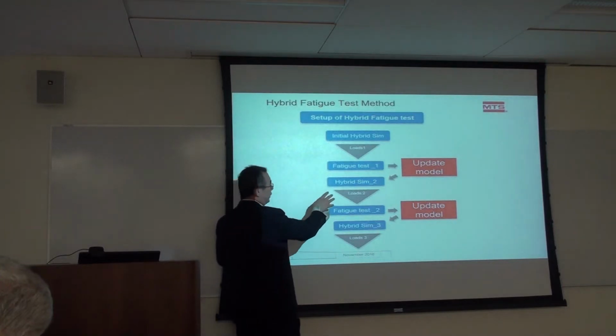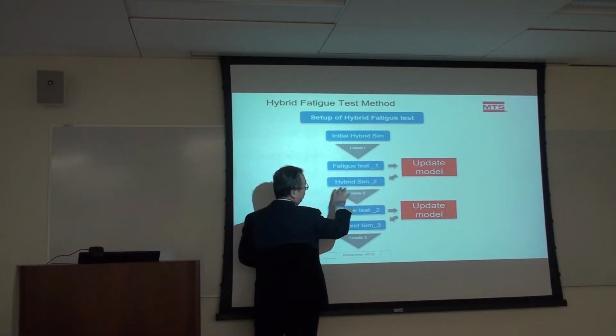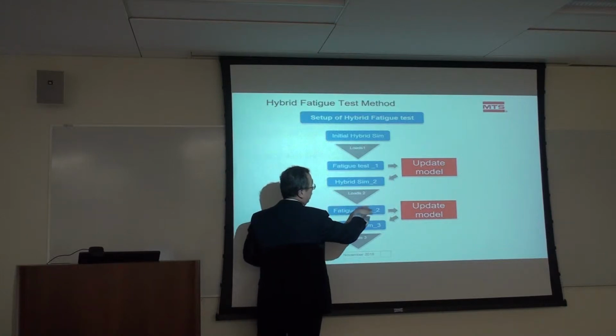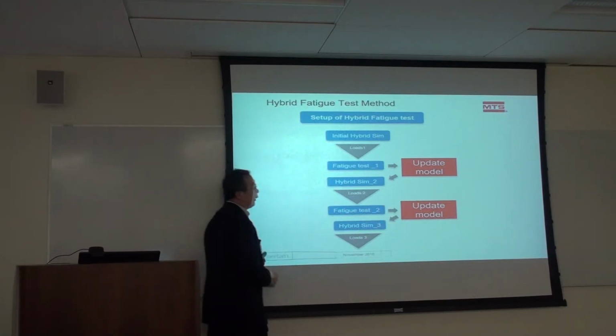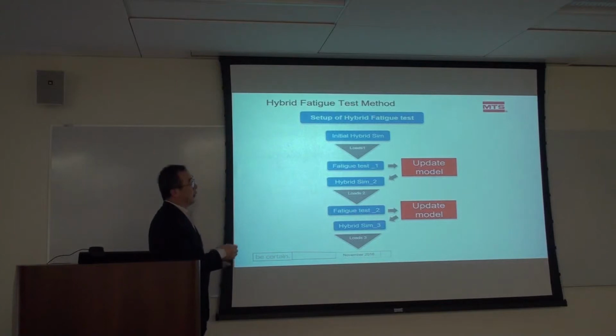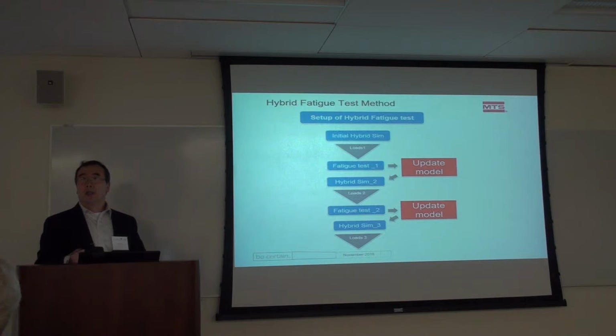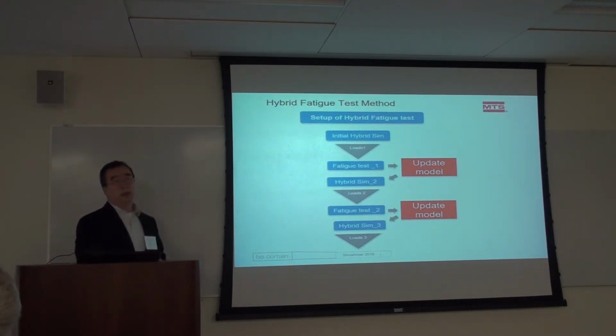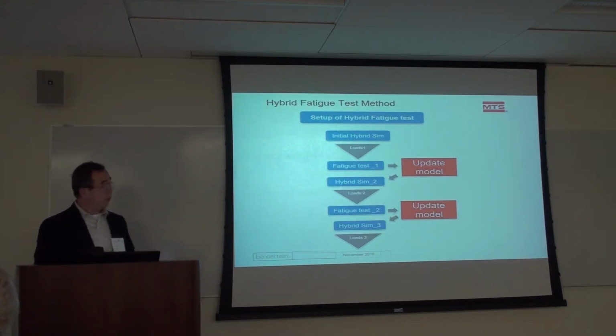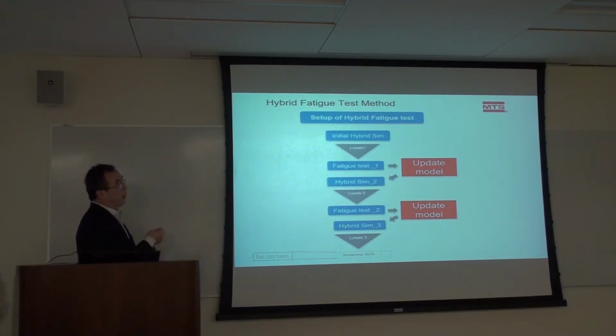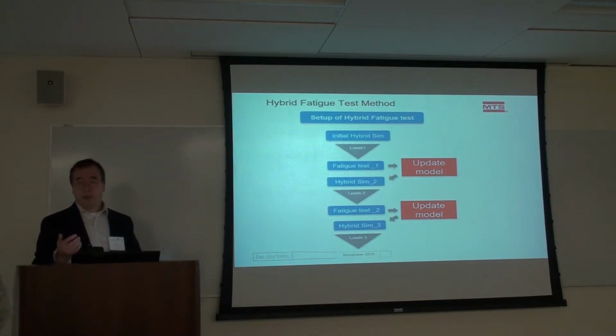Then after that, we do another set of fatigue testing, and then another set of model updating and hybrid simulation, and continue on. In this way, the fatigue testing considers the specimen degradation, so it's a more accurate fatigue test. For composite materials, and specimens with rubber and the like, this hybrid simulation coupled with fatigue testing approach is more accurate.